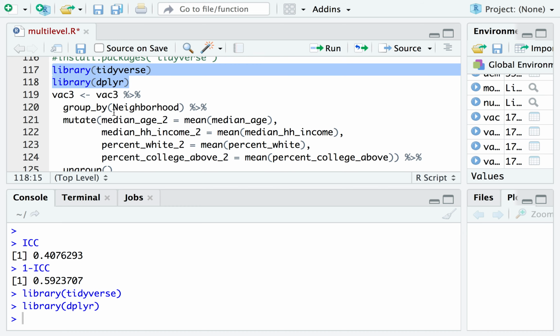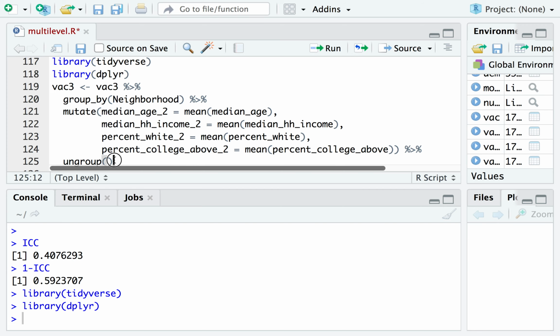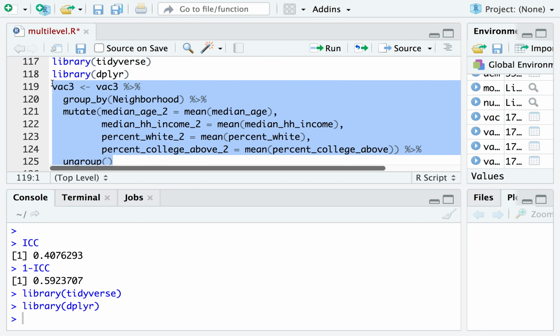And right here, what I'm doing is grouping by neighborhood using group_by, and then using mutate to calculate a mean for each group across the zip codes that are part of that group, which is neighborhood. And this is just basically pipe syntax. I'm doing one function after the other, and ultimately with ungroup, I'm putting it back into the original data set, which is VAC3.